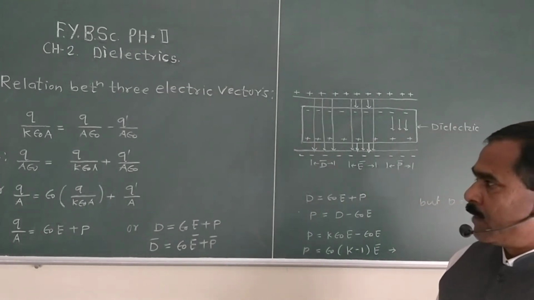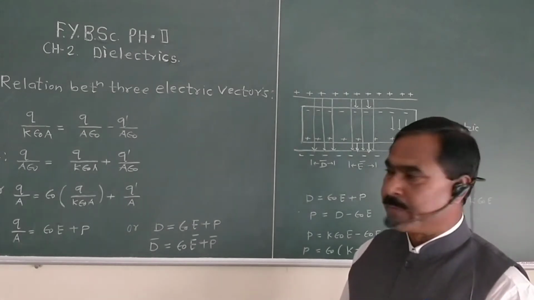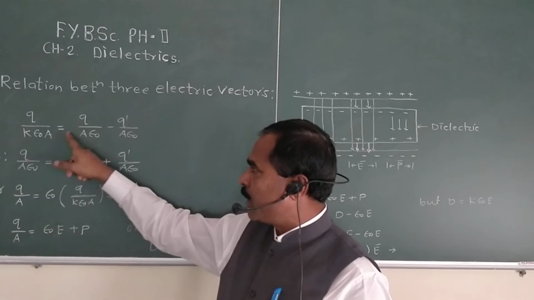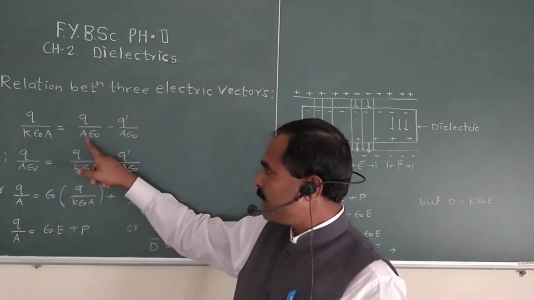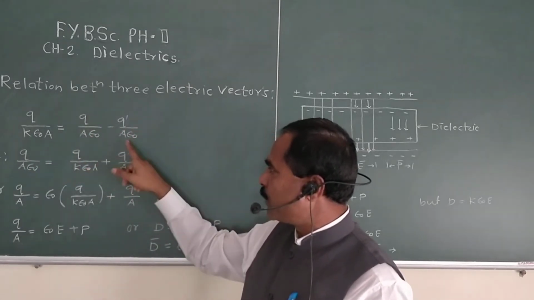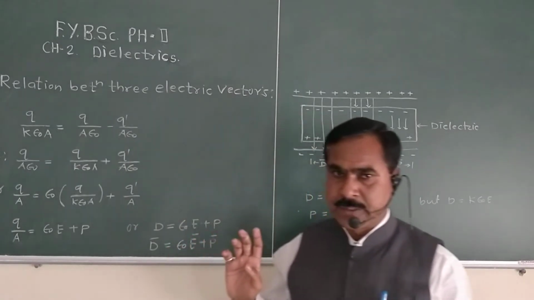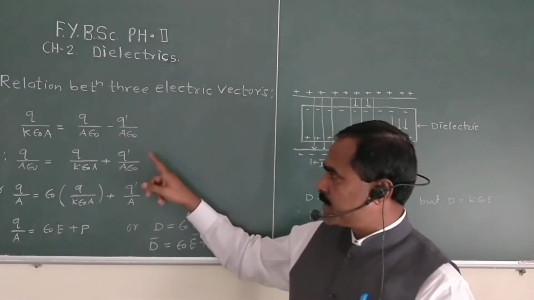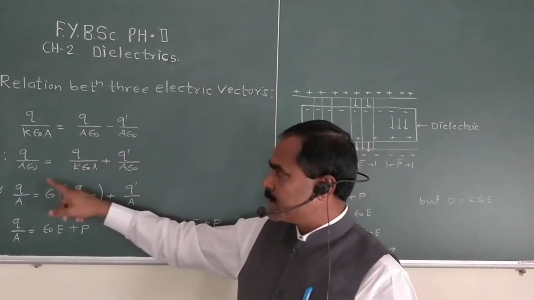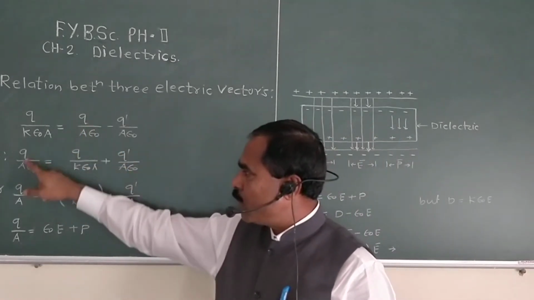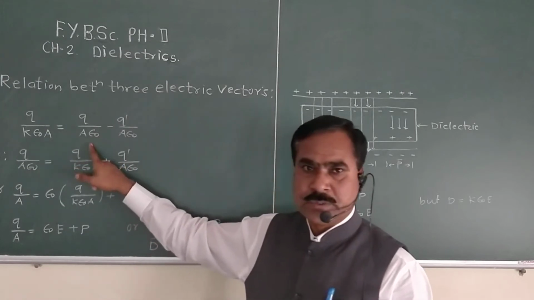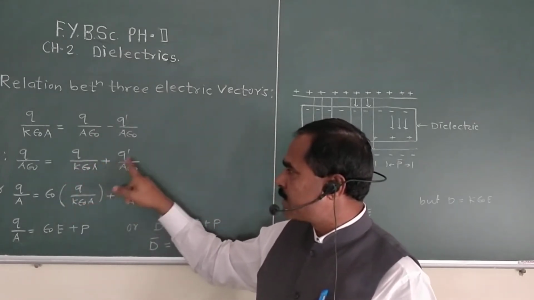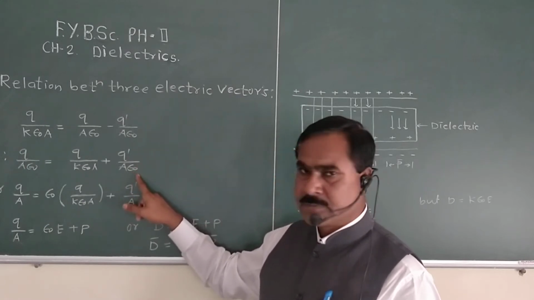Now in the last lecture we obtained the equation Q upon K epsilon naught A equal to Q upon A epsilon naught minus Q dash upon A epsilon naught. This is our last equation. Then in the next step we write Q upon A epsilon naught, the first term, equal to Q upon K epsilon naught A plus Q dash upon A epsilon naught.